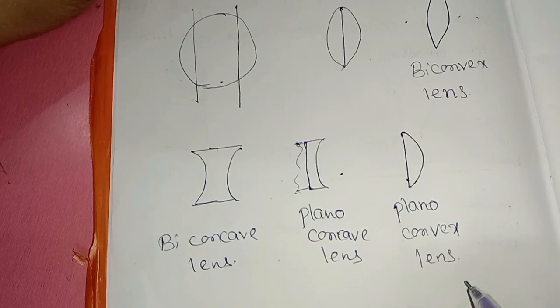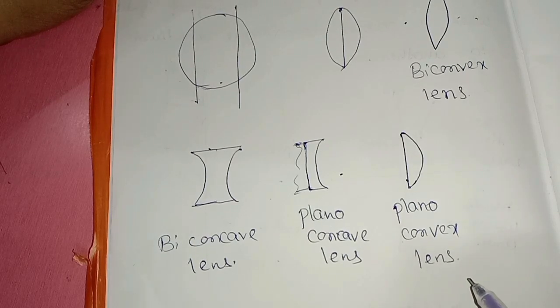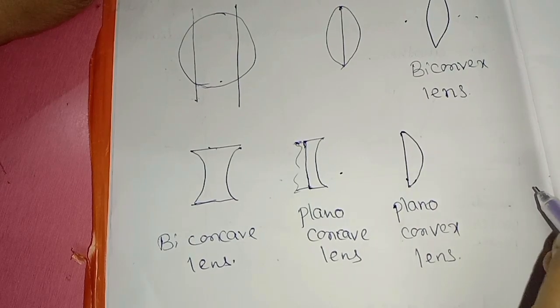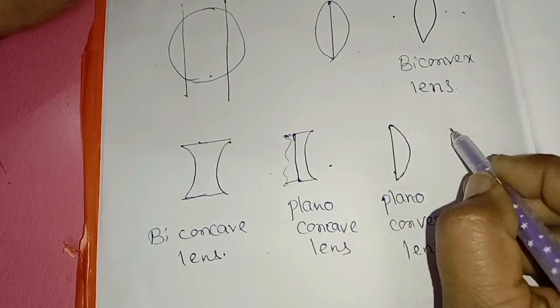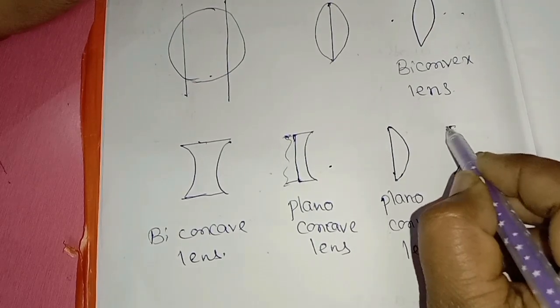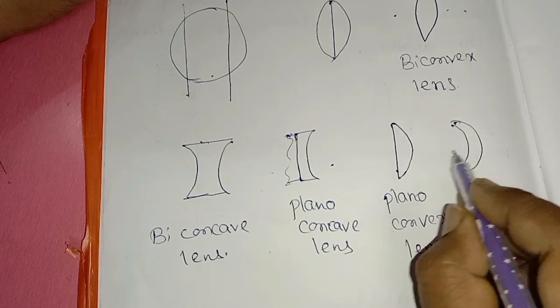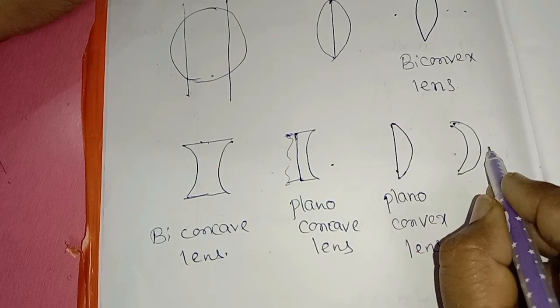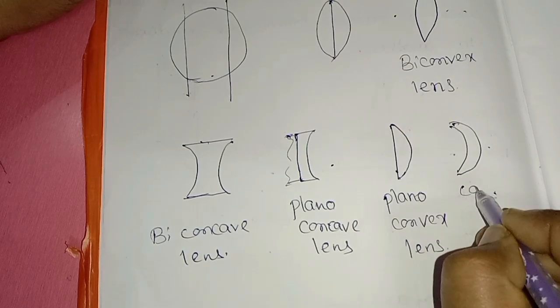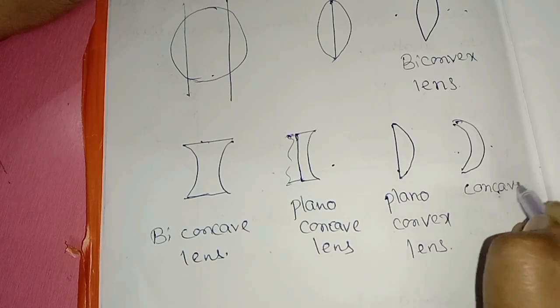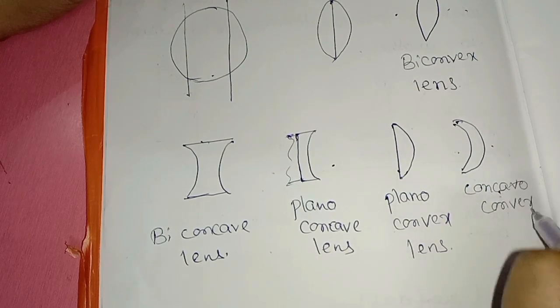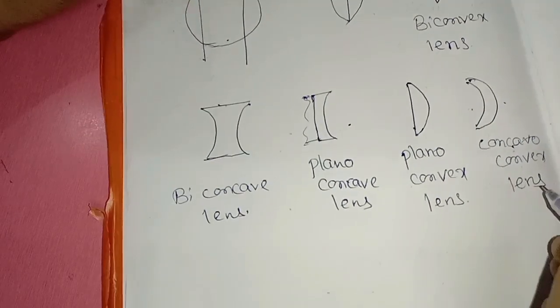Okay. Next, suppose here you have a concave side and the other side is convex. This side we have concave, this side we have convex. It is concavo convex lens, right?